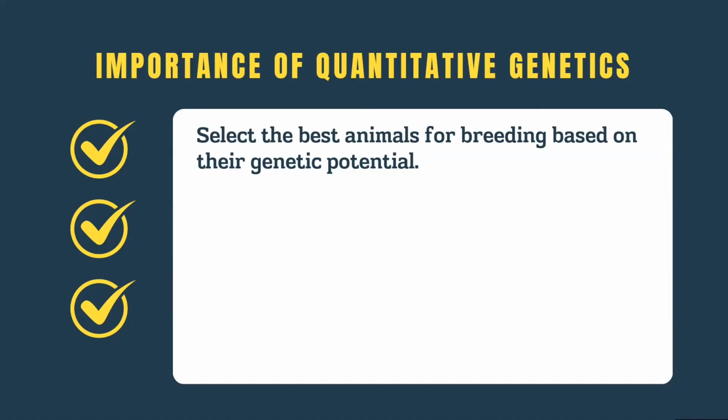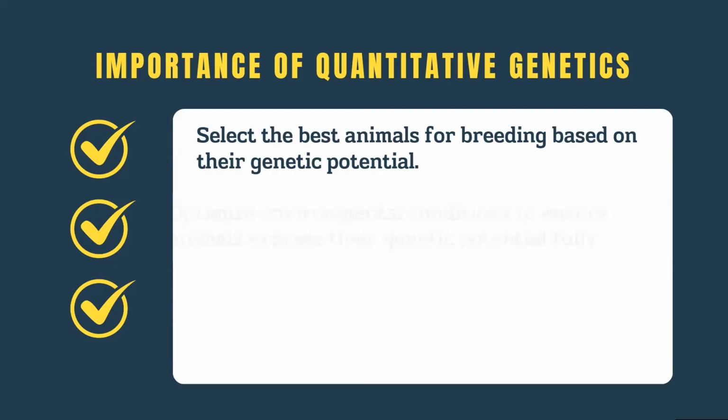And what do we call this process? Of course, genetic selection. Let's remind ourselves that selection, in particular selective breeding or artificial selection, is the main tool for achieving the goal of animal breeding, which is genetic improvement.